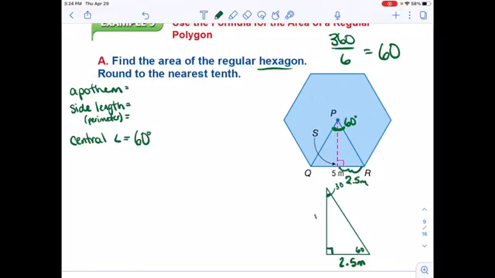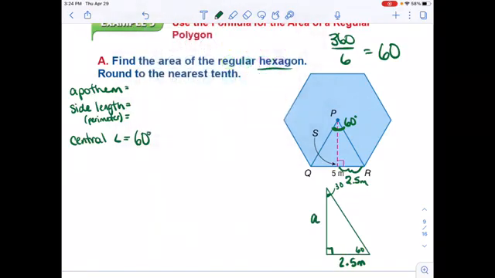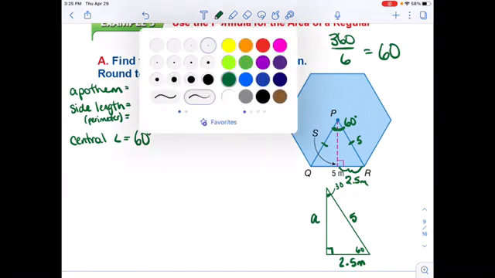I still need to find our apothem. I'm going to label it A. And just because this is an equilateral triangle, I know these are all the same, which means this is 5. So there's actually a couple ways we can solve this. You can do the Pythagorean theorem to solve for A, or you can use special right triangles. I'll quickly show both.